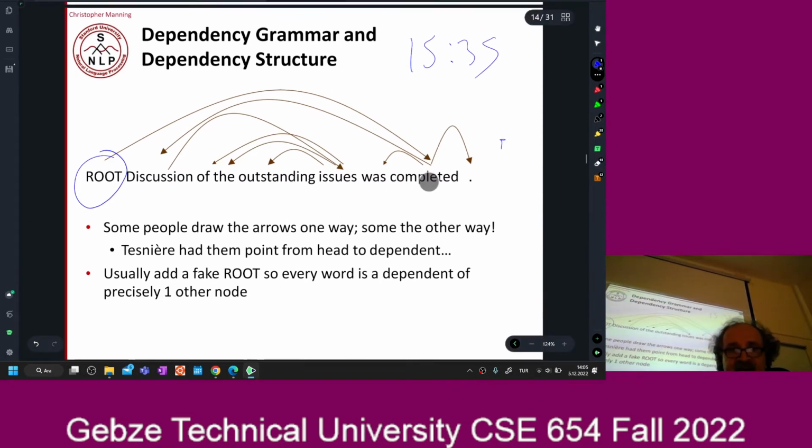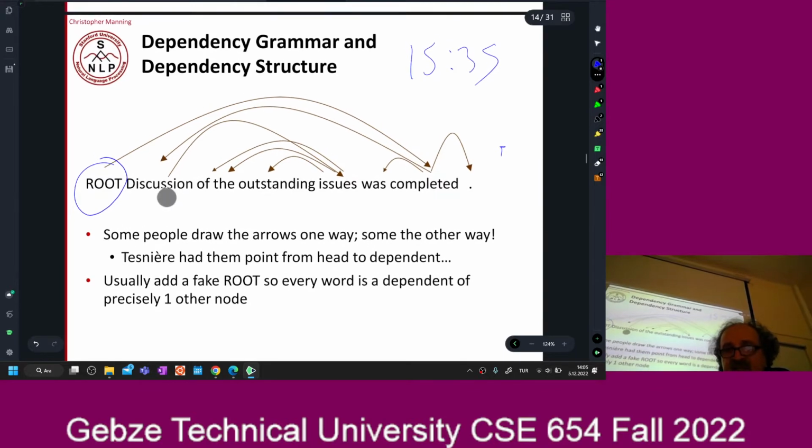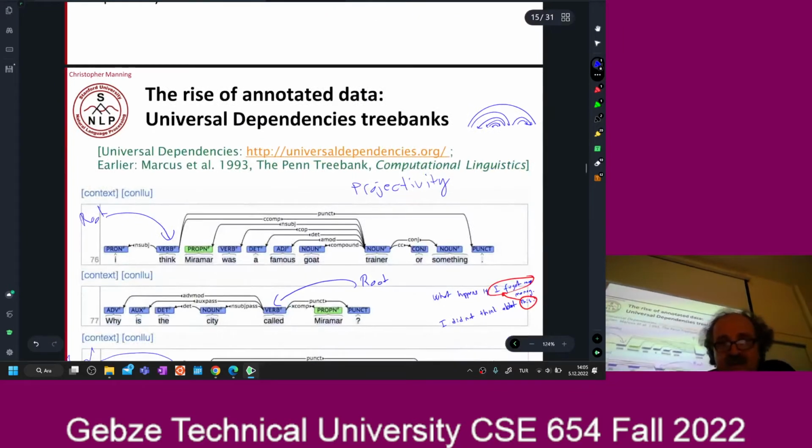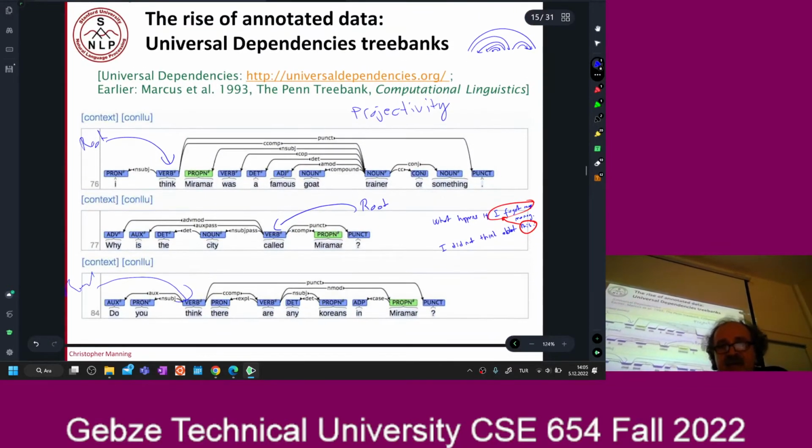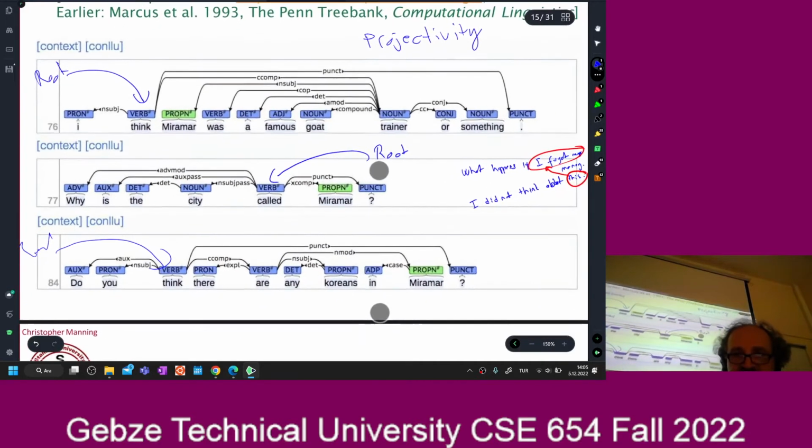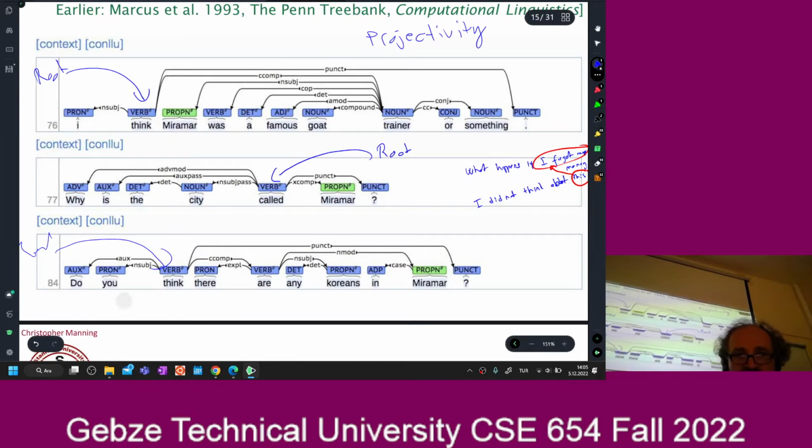Then I have this one. This is the subject of the sentence, and so on. It goes that way. And I have a few examples here. Do you think there are any Koreans in Miramar? So the root is here.